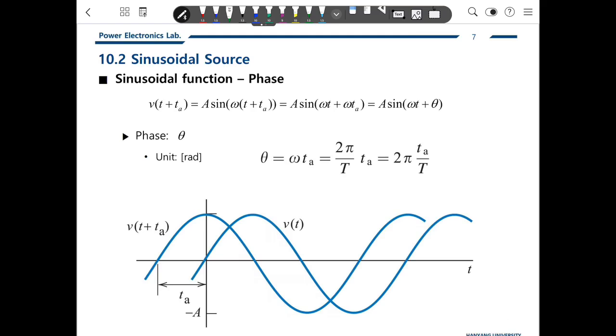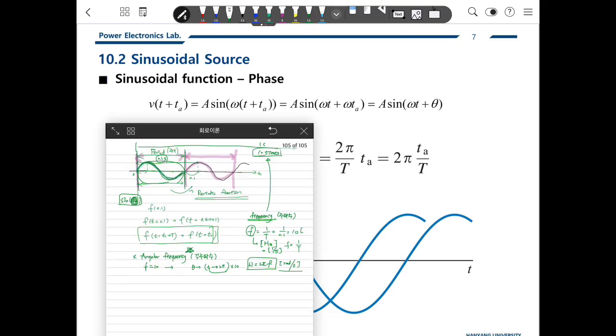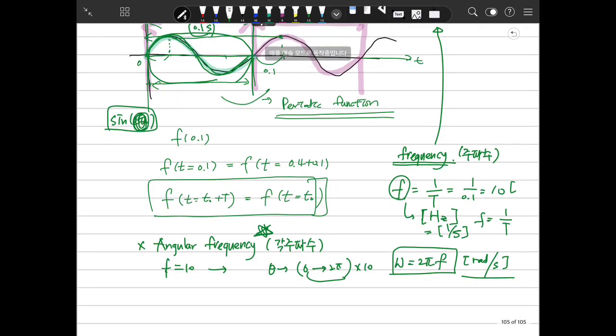So here I will introduce a new terminology: phasor. I will introduce this at first.